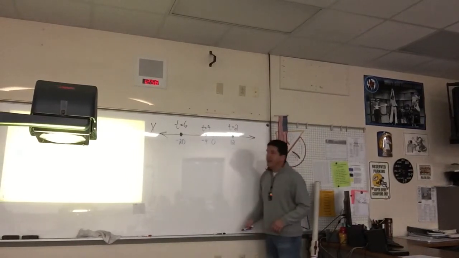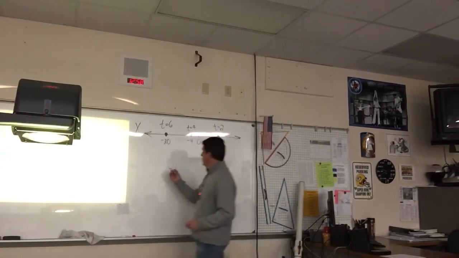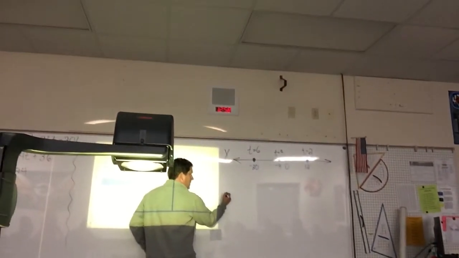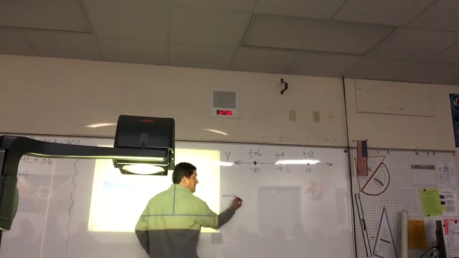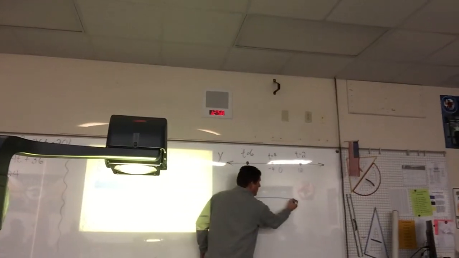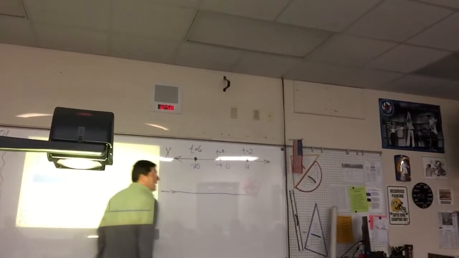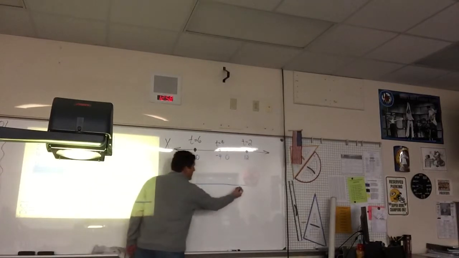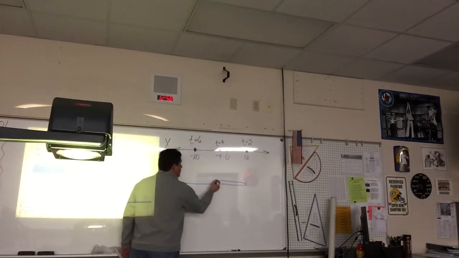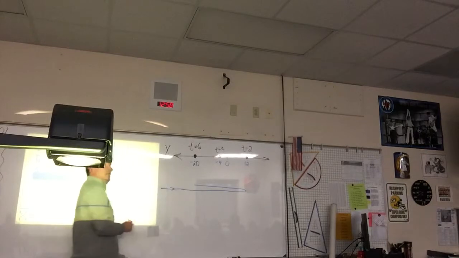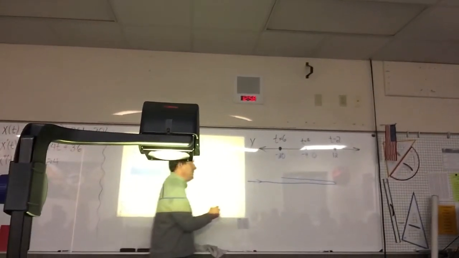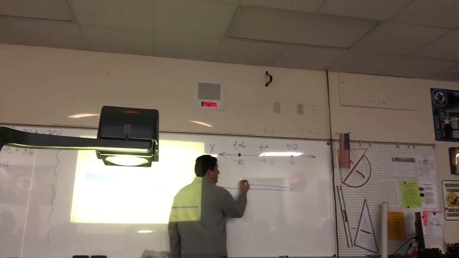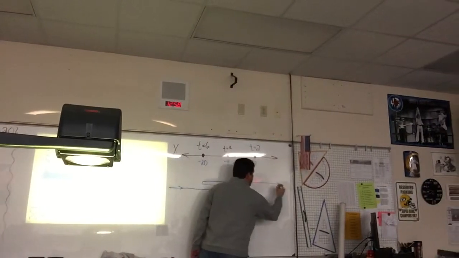So to describe the path, we're going to draw it like this. It comes in from the left, goes up until position 12. This is where it turns around and comes back until position -20 at time equals 6, and then it turns around and keeps on going.